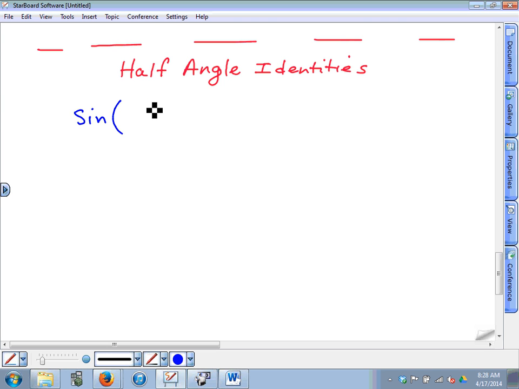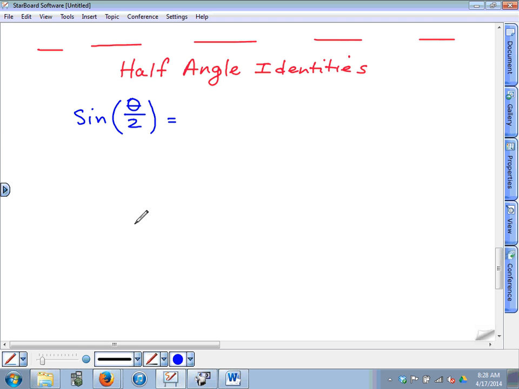Let's start with sine. A half angle means you have an angle theta and you divide it in half. That's what a half angle is. So it's the sine of theta over 2. These aren't derived from the double angle or the sum or difference identities. They're actually derived from other identities which we haven't learned. They're called power reducing identities.